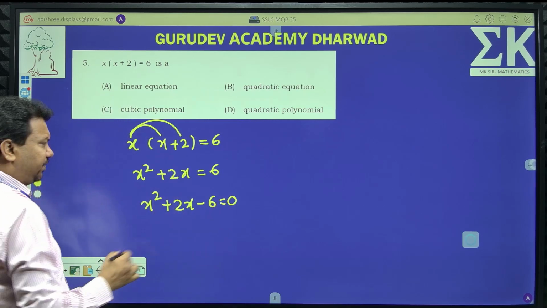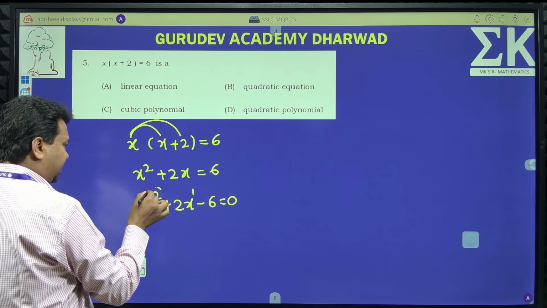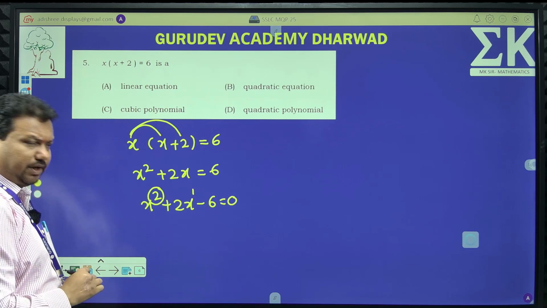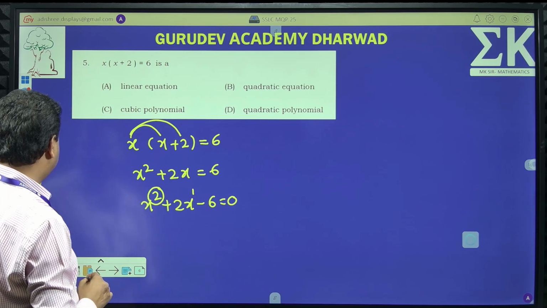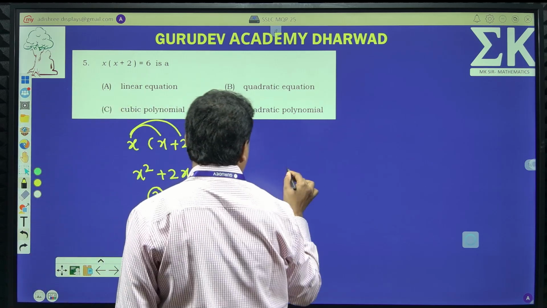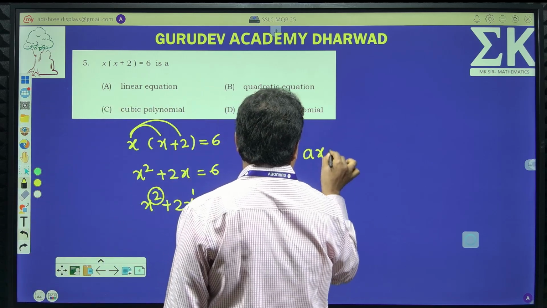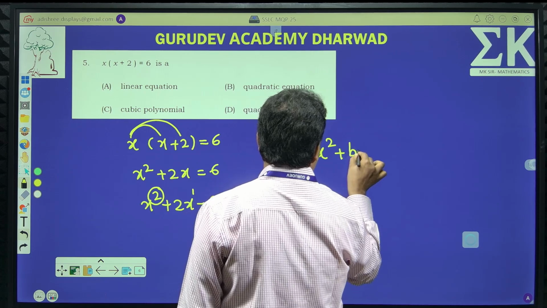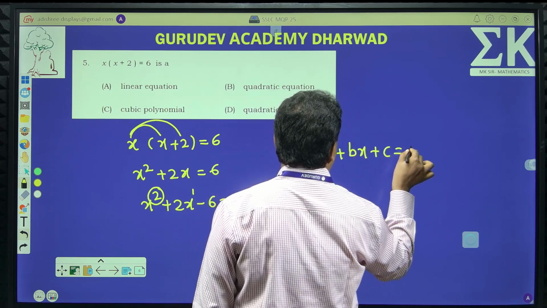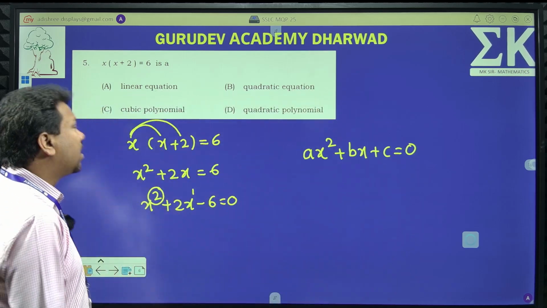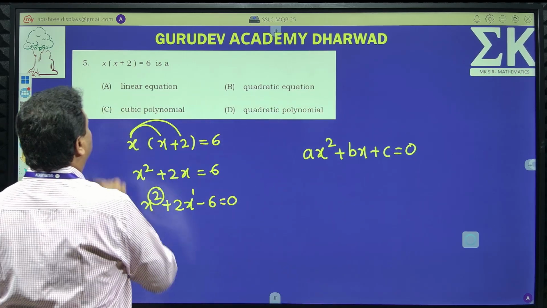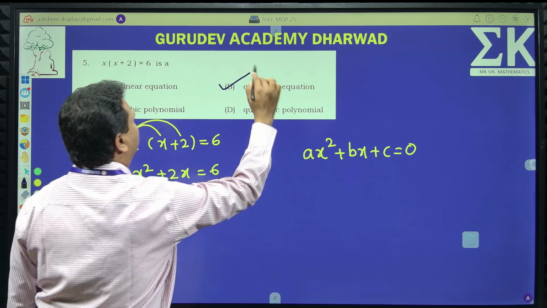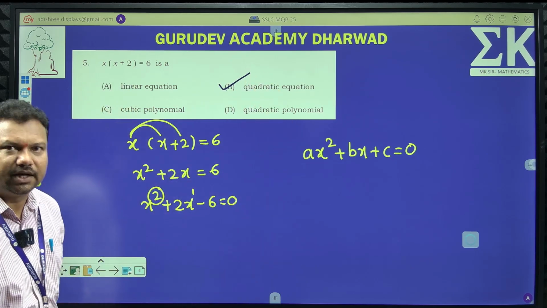If you observe carefully, the highest power of x in this case is 2, right? An equation whose highest power of x is 2 is nothing but ax square plus bx plus c equal to 0. Which kind of equation is it? Quadratic equation. Hence, I will go with option B as the right answer.